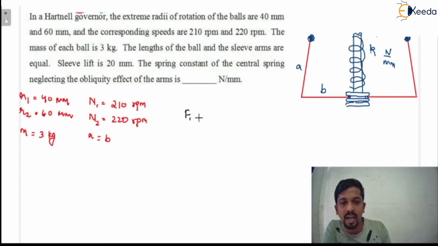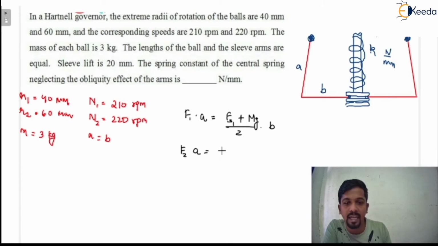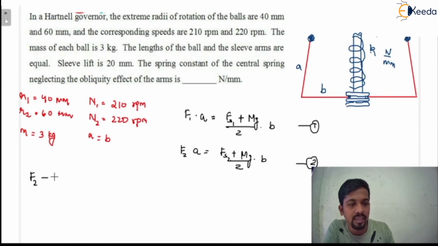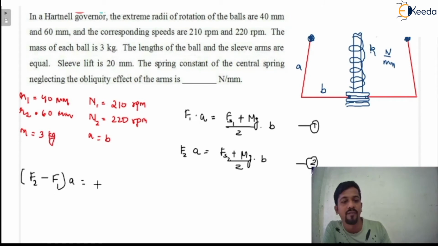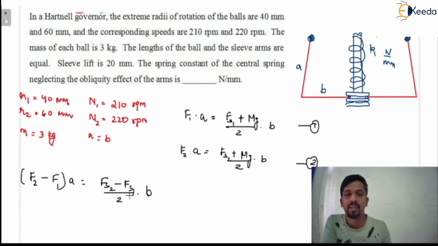The first is F1 multiply A is equal to (Fs1 plus mg by 2) multiply B, and the second is F2 multiply A is equal to (Fs2 plus mg by 2) multiply B. Subtracting equation 1 from equation 2 we get a direct relation: (F2 minus F1) multiply A is equal to (Fs2 minus Fs1) multiply B. You can learn this formula directly, it would be easy to apply in the examination.